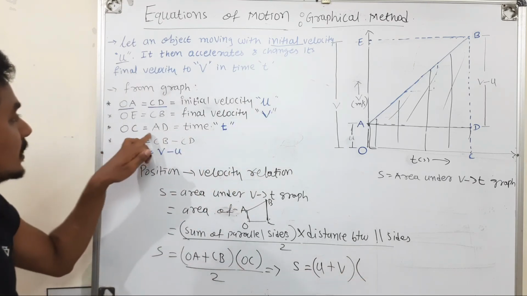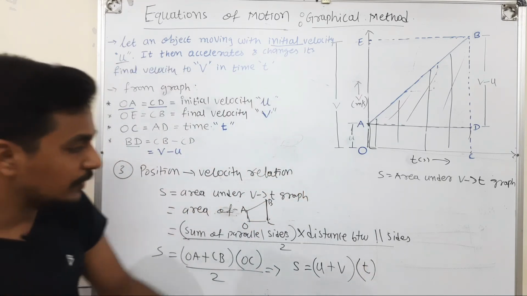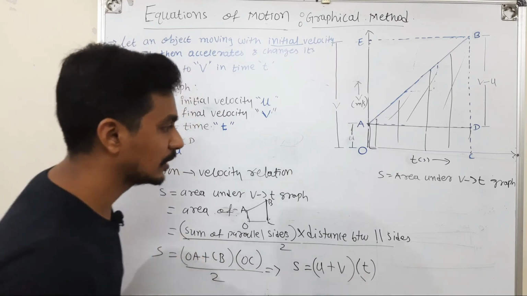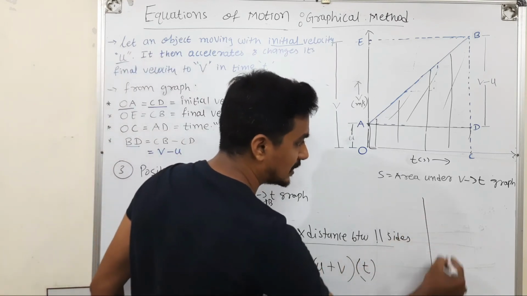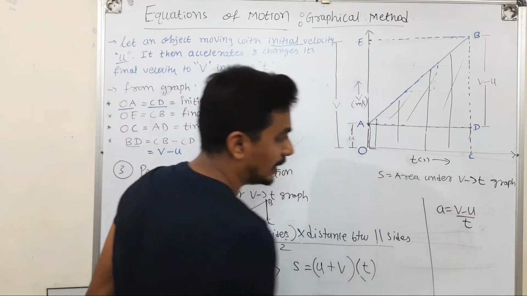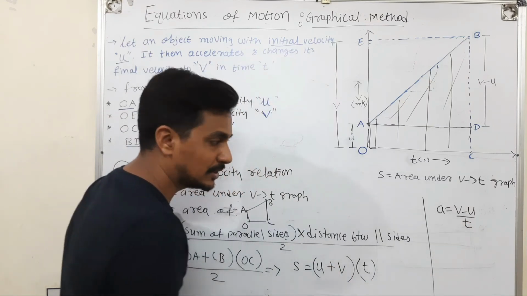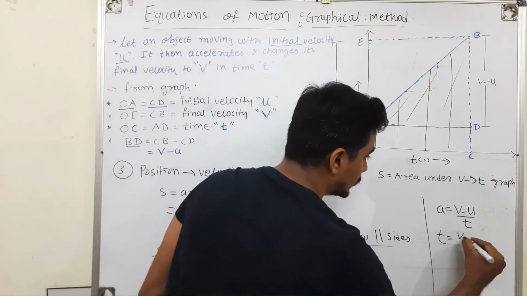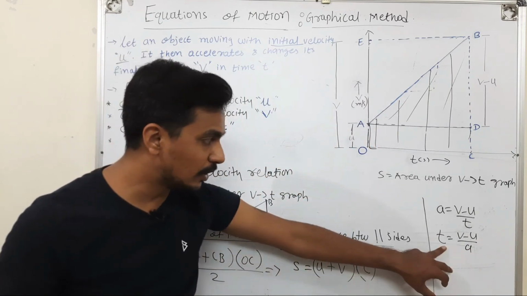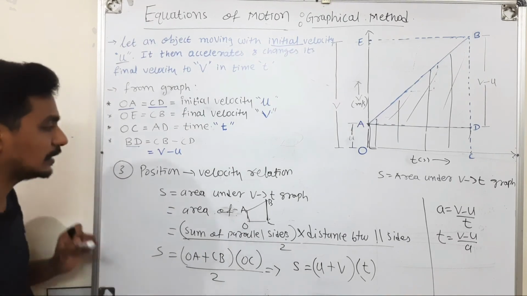OC is the time taken T. Now if we modify this time T, then we can get the final equation. From the formula of acceleration, we have A is equal to V minus U by T. If I make T the subject, then T is equal to V minus U by A. If I put this value of T here, then in the last step we can get the equation easily.